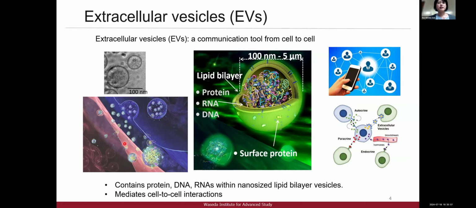EVs are secreted from one cell and taken up by another cell, and release their contents to cause changes in the recipient cells. This is how EVs transmit intercellular signals from one cell to another.